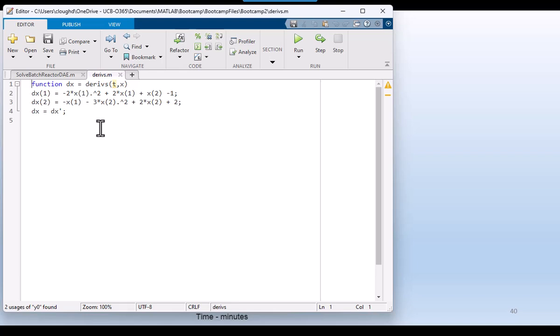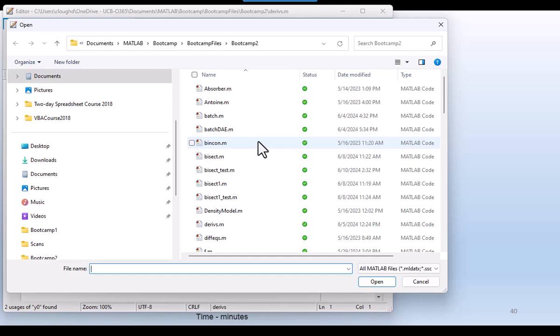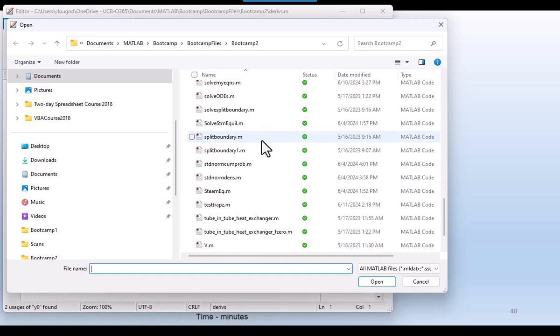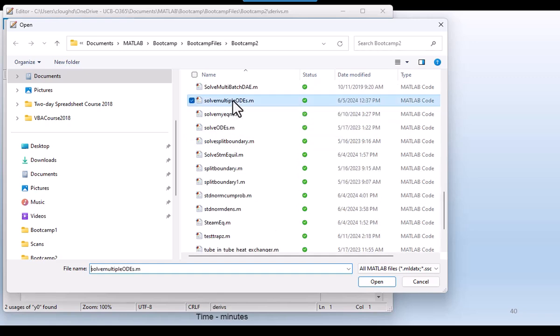Okay, so these specify our derivatives, and then we want to take a look at how we go about solving this. So we're going to open a file called solve multiple ODEs.